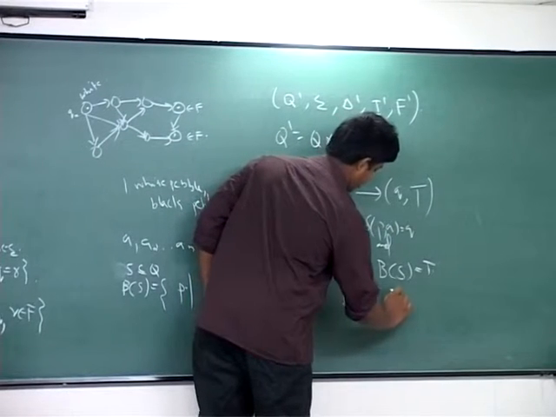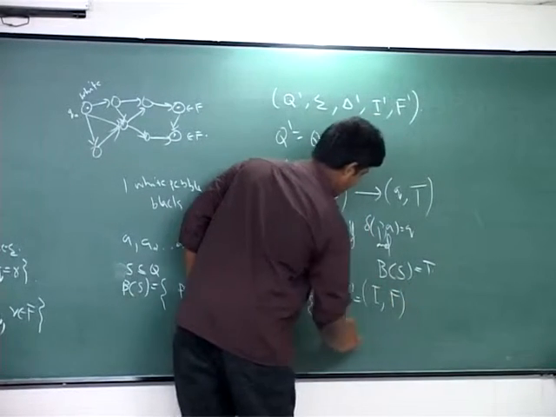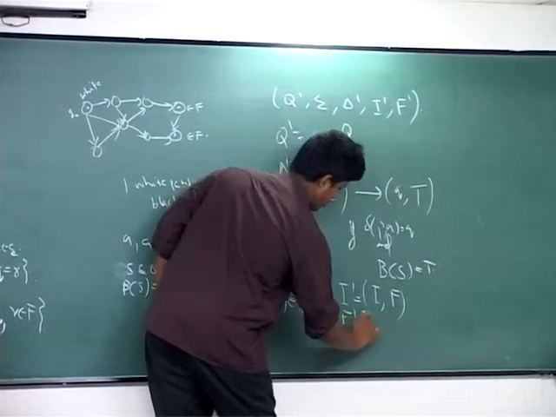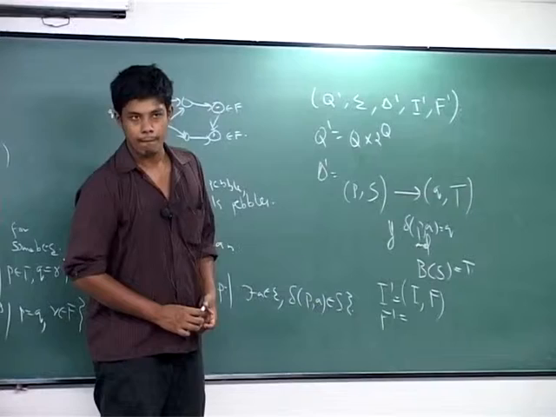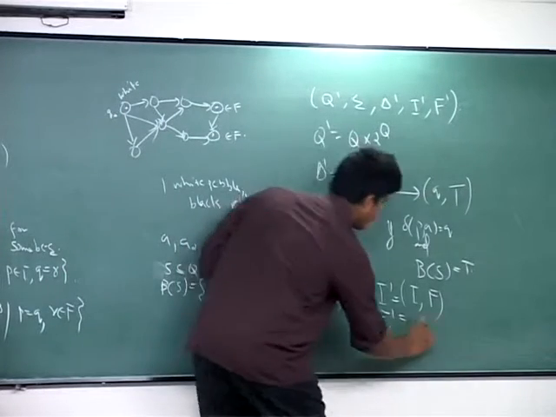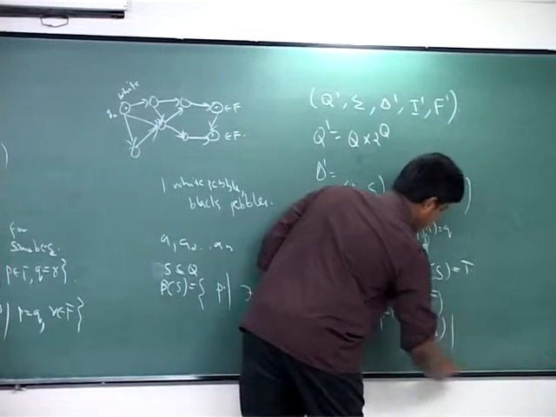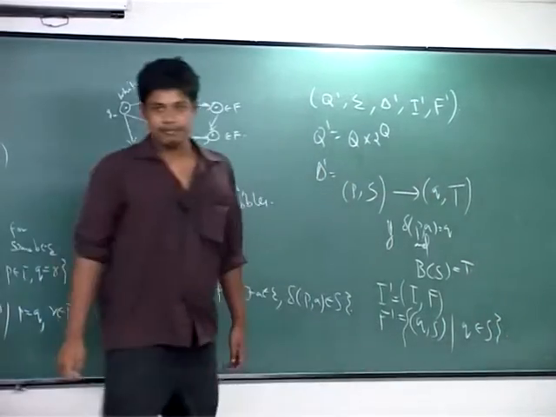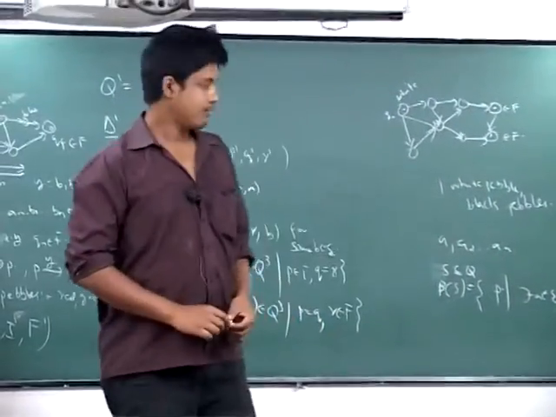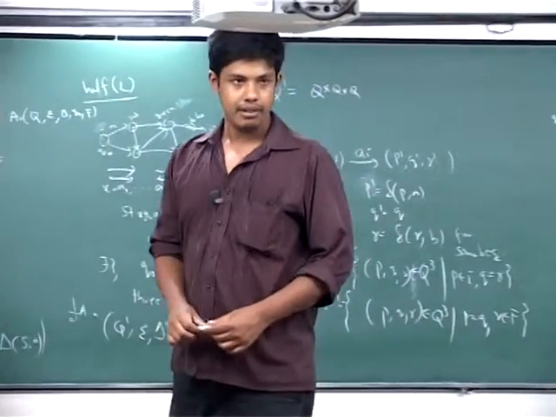I comma F. And the final state F prime, such that... Is it clear?